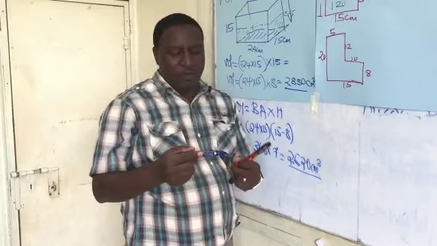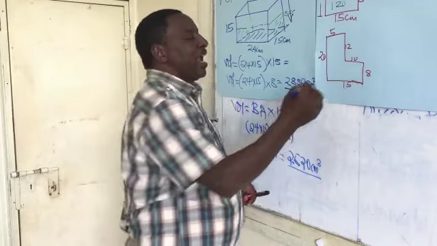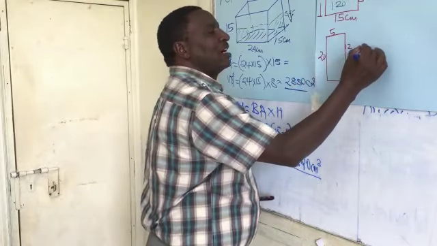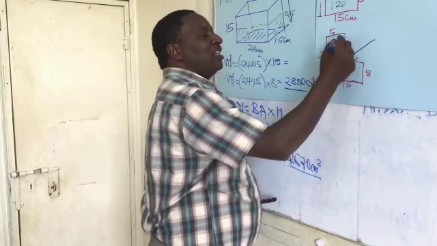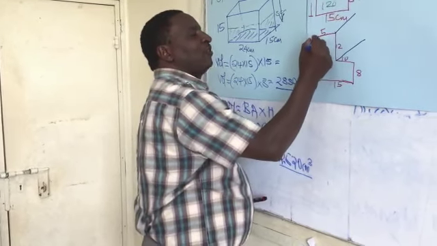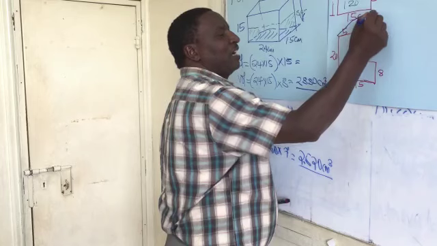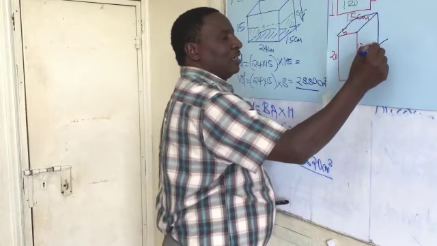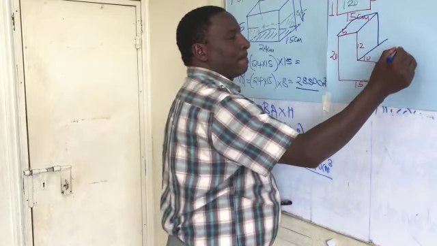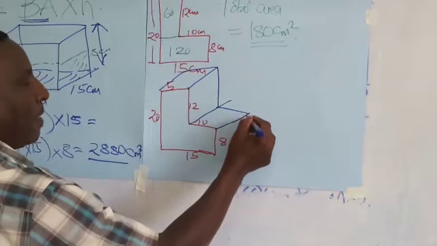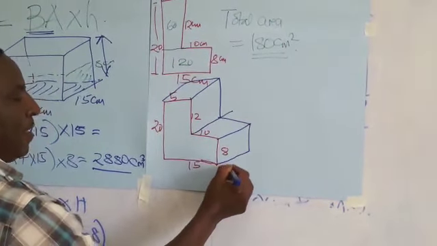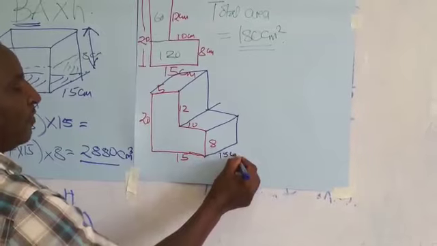I will use a different marker pen, blue, and I pull a length here, which is 15. It will give us a 15 there, a 15 there. Everywhere we have pulled by 15.